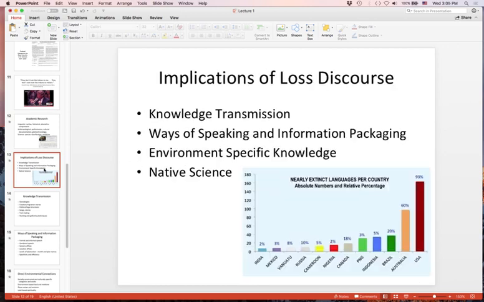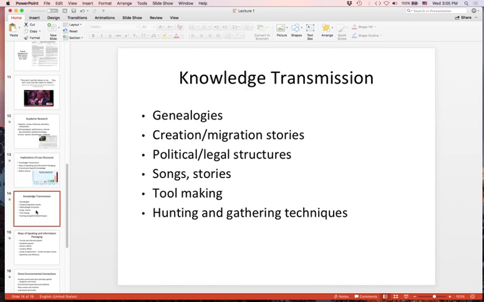Loss of diversity has many implications, and we've already discussed a few, but I'm going to go over a couple in a little bit more detail. Knowledge transmission is certainly one aspect of loss. When we lose information, then we have decreased ability to transmit that information, whether that's information about genealogies or histories or oral tradition or songs and stories or other political and legal structures.